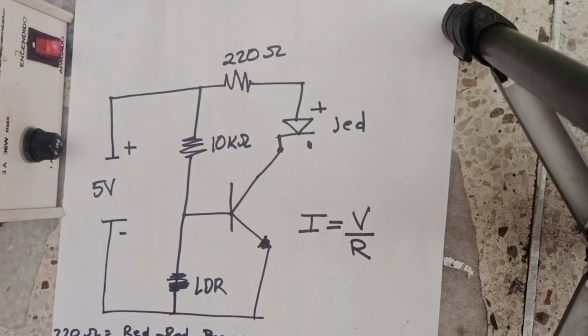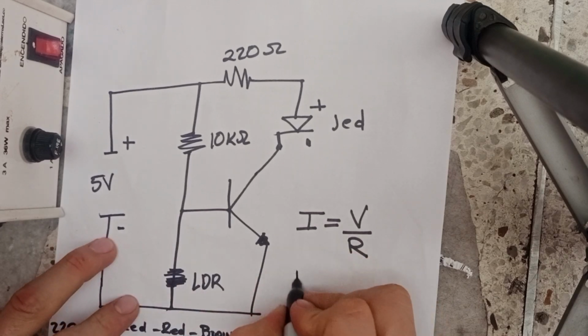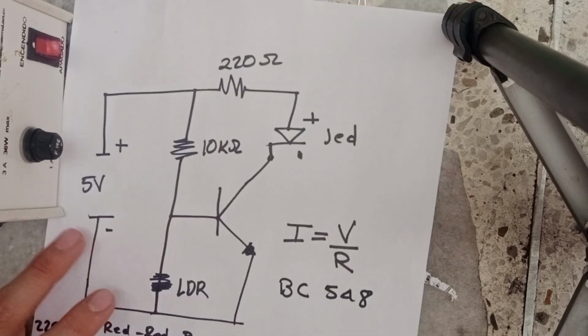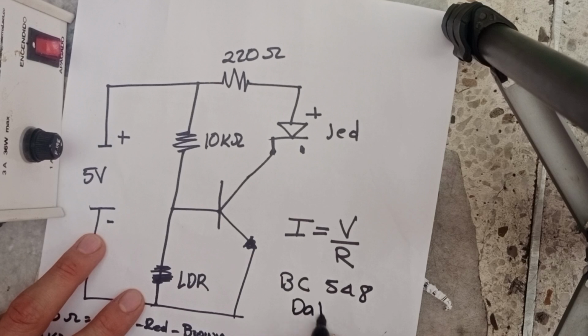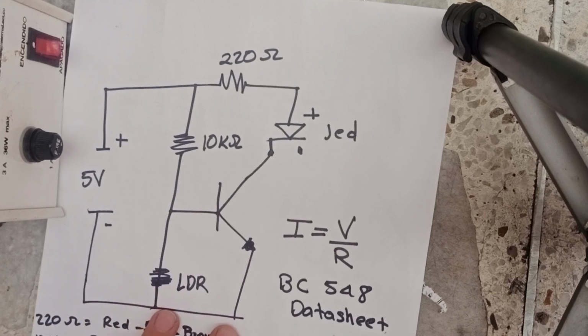So here we have the circuit diagram, right? The circuit diagram is pretty easy to understand. This is the BC548. You've got to recall the data sheet, right? The data sheet is the public document where you can find all the features and all the information related to this component.